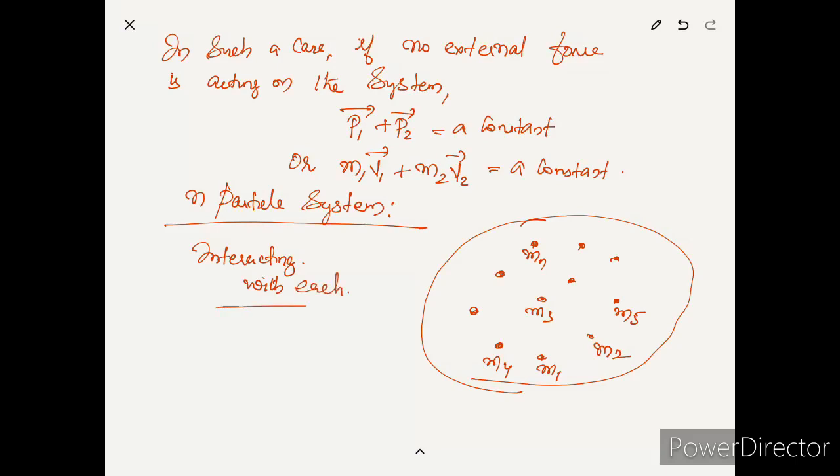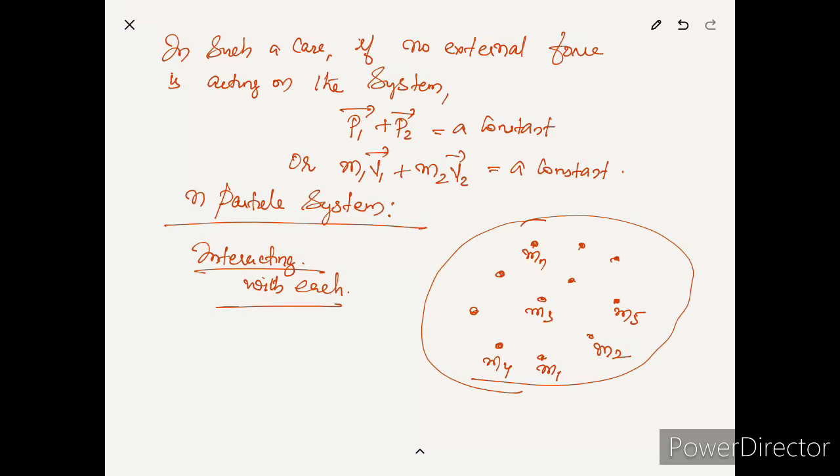The particles can interact with each other by means of any force. The type of interaction depends on what type of particles they are. Maybe some charged particles, which may interact coulombically, or if they are massive particles, they may interact by means of gravitational force.